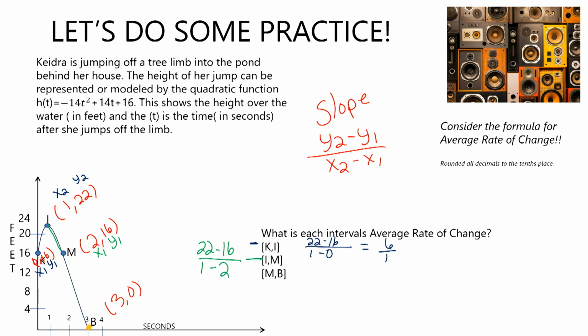Plug that into your calculator or do simple math, and I'm going to get 6/-1. So my average rate of change for the interval I to M would be -6/1.